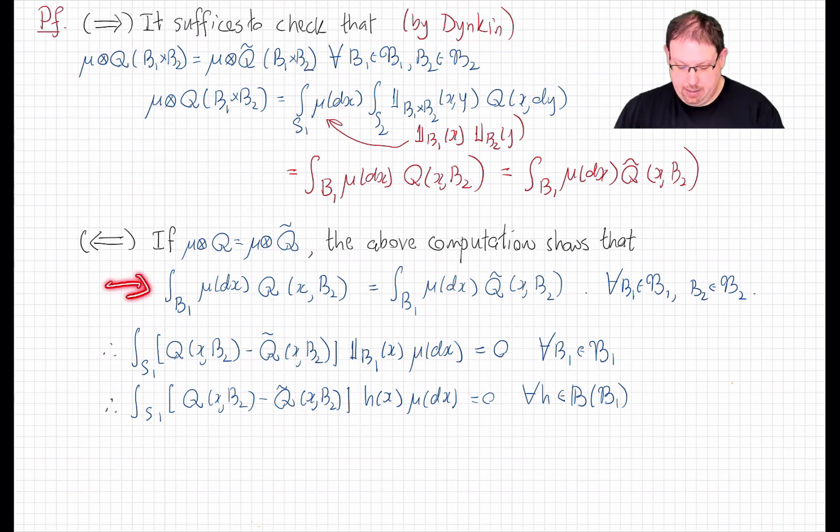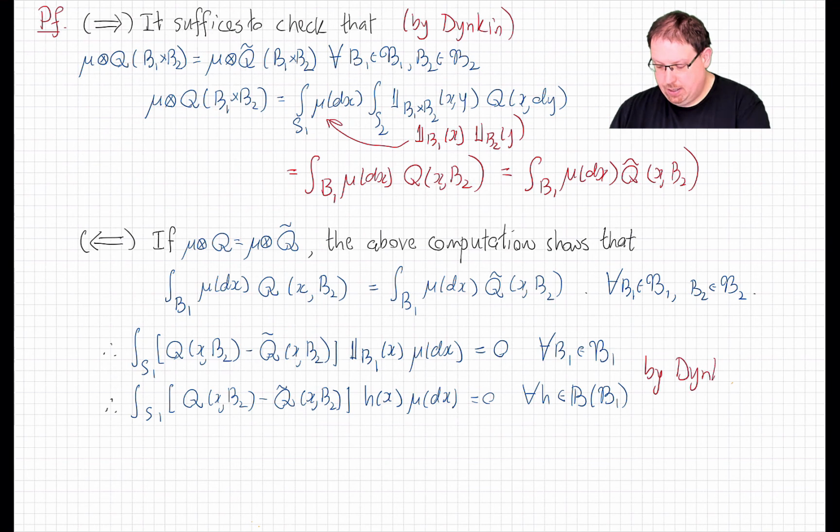Now subtracting these two tells us the following, that the difference between q and q tilde of a set b2 times the indicator of b1 integrates to 0 against mu. That's true for all sets b1, now holding b2 fixed. Now again, by Dynkin, we can upgrade that not just to integrating against indicator functions here, but to integrating against all bounded b1 measurable functions h.